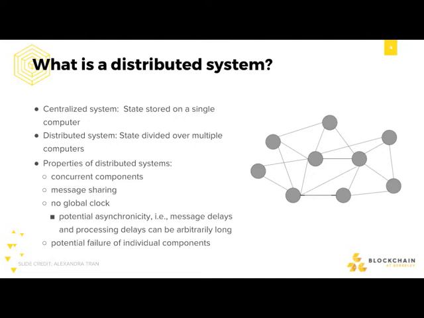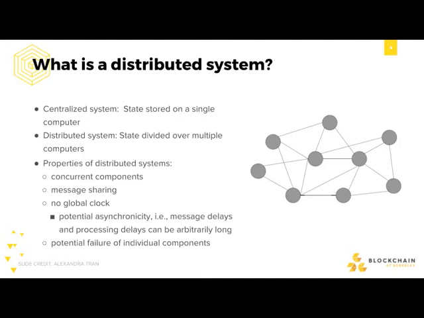So there are some common properties of distributed systems, and that includes concurrent components. There are different, say, nodes operating at the same time, and they often have to share messages back and forth in order to communicate the shared state.